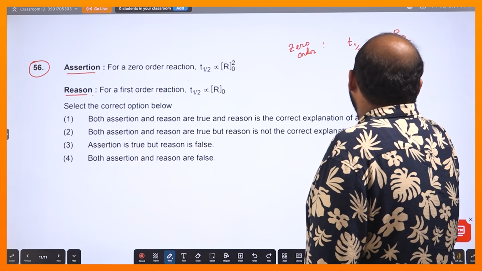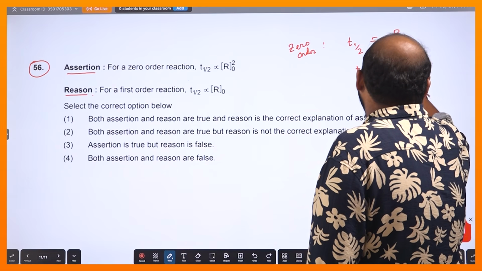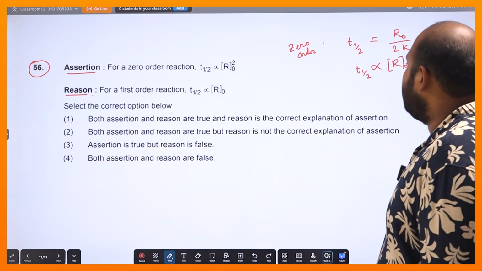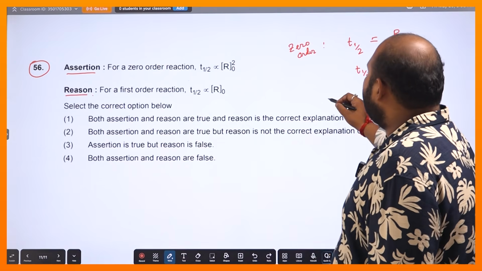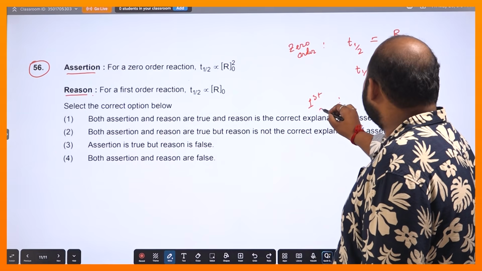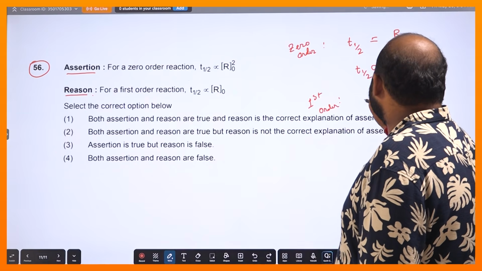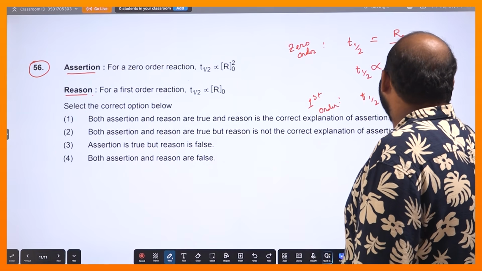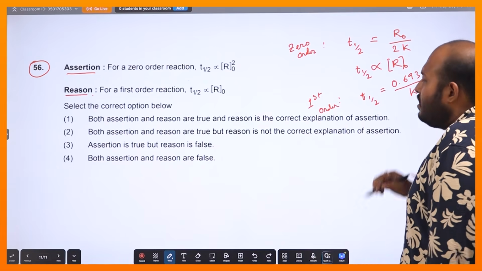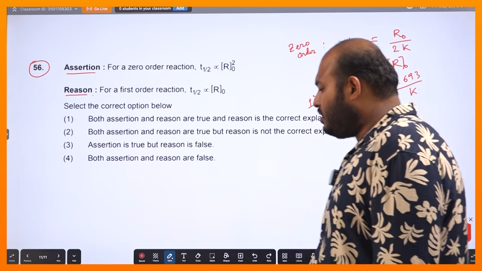So it is directly proportional to the initial concentration, not the square of the initial concentration. And for the first order, it equals 0.693 by K, so there is no dependency on the initial concentration.